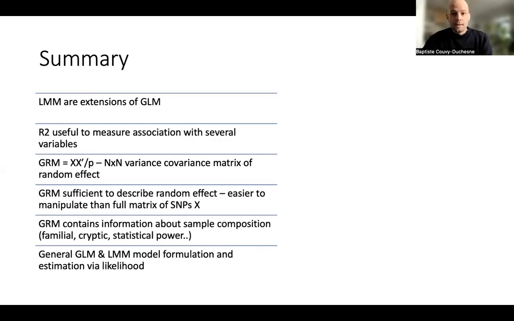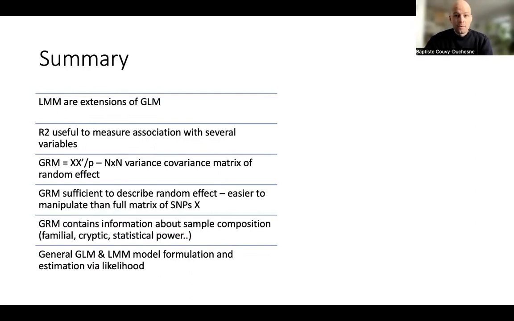Another important point from this presentation is that R-square is a useful measure of association, which can capture the association of a single variable, but also the association of several variables. As we've seen, the GRM, which is the same as what you've seen before in other presentations, is the variance covariance matrix of the random effect, and it's sufficient to describe the random effect, meaning that we don't necessarily always need to observe the X matrix.